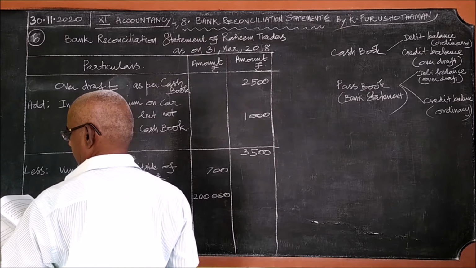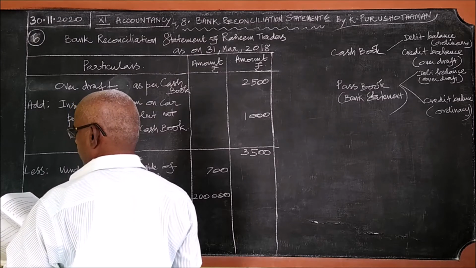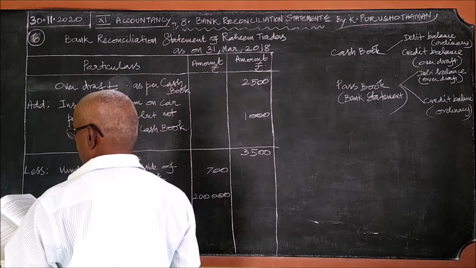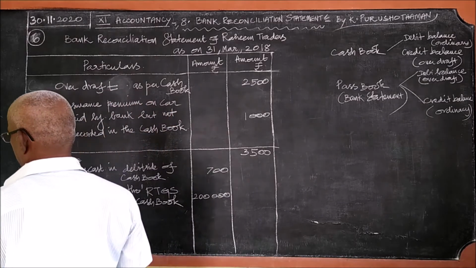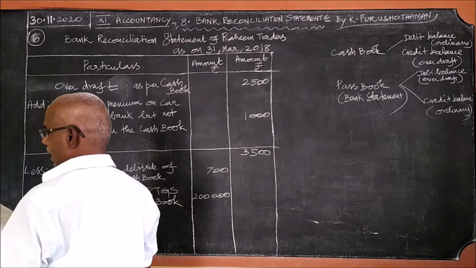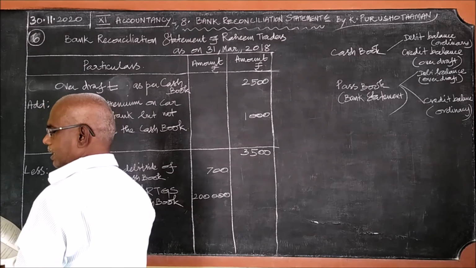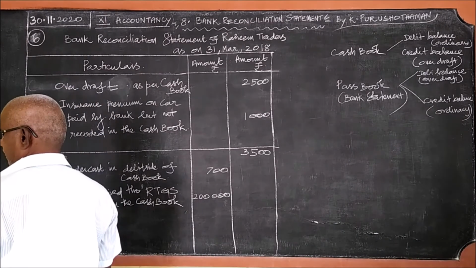Then, 2 checks were issued for 1,800 and 2,000 on 29th March 2018. Only the second check is presented for payment.